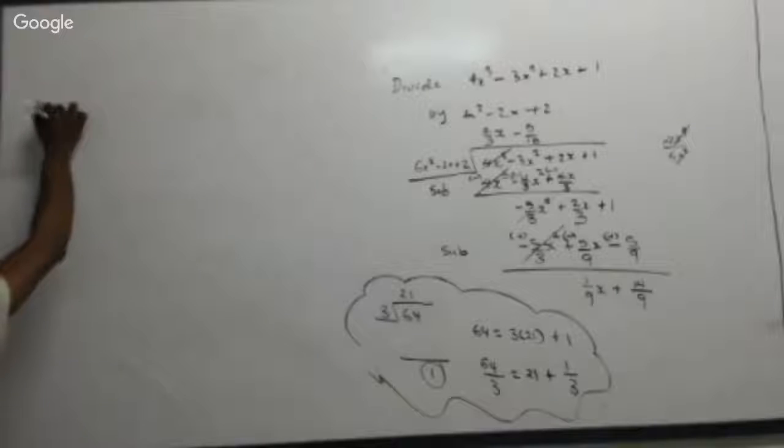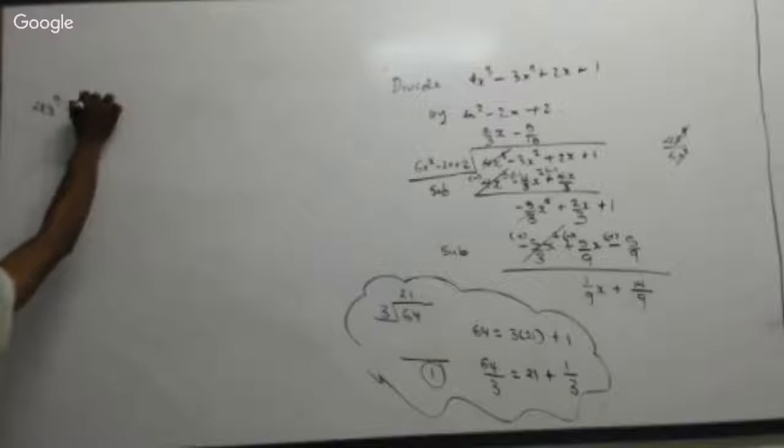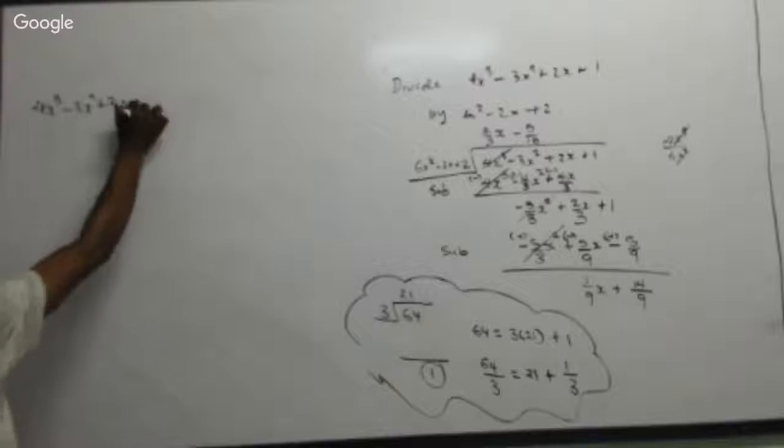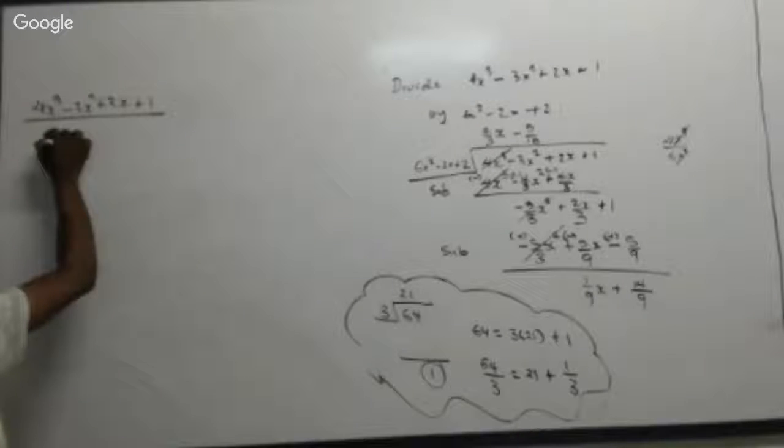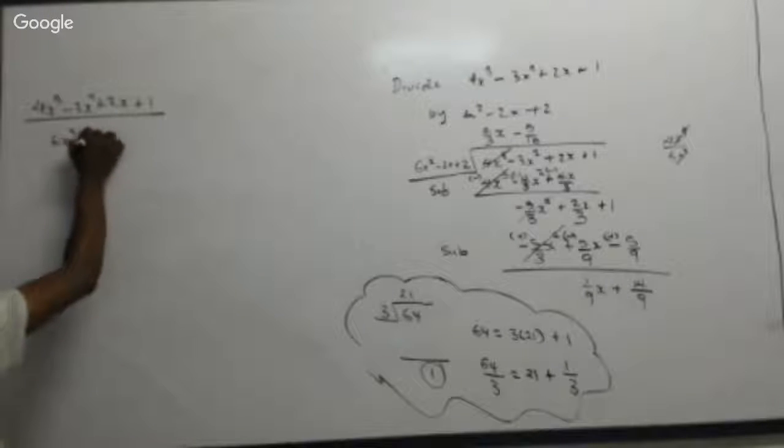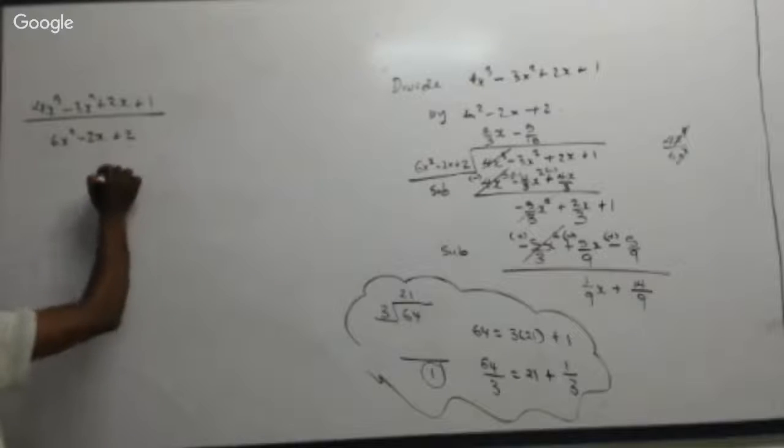We agreed on 4x cubed minus 3x squared plus 2x plus 1 all over 6x squared minus 2x plus 2.